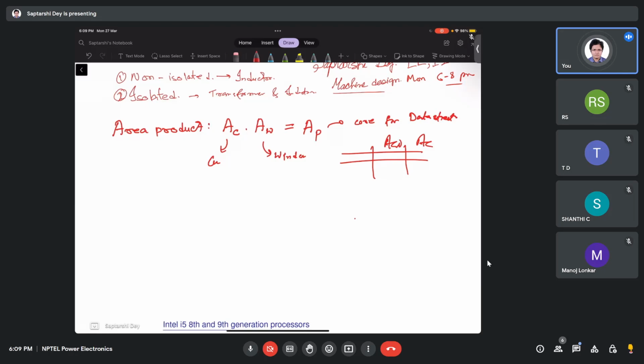Also AW and AP are given. This AP is the one which we look for in the core catalog to find out which core we need.